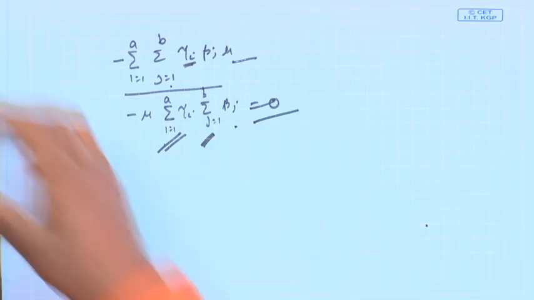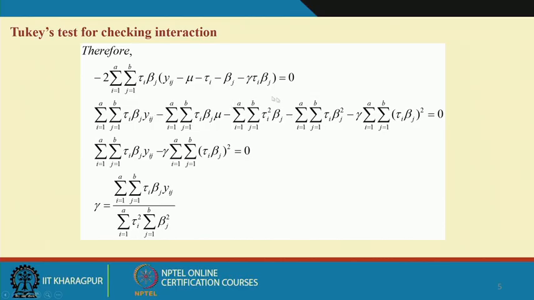In the same manner, the third quantity will become 0, and the fourth quantity will become 0. So, we have only two quantities left. This one cannot become 0 because y ij is multiplied here. So, this minus this will be 0.